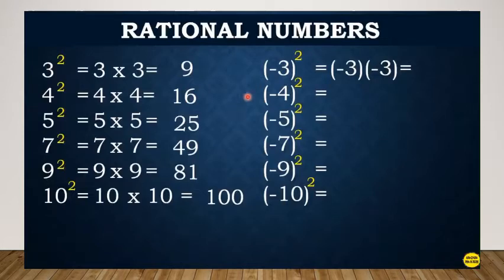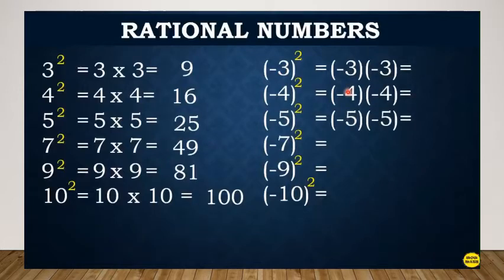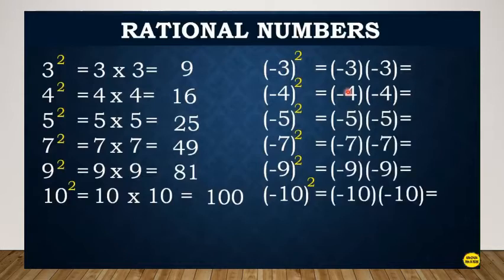Okay, so when we are squaring a negative number, as you can see, we will have negative 4 times negative 4, negative 5 times negative 5, and so on. If we get the product of these numbers, what do we get?